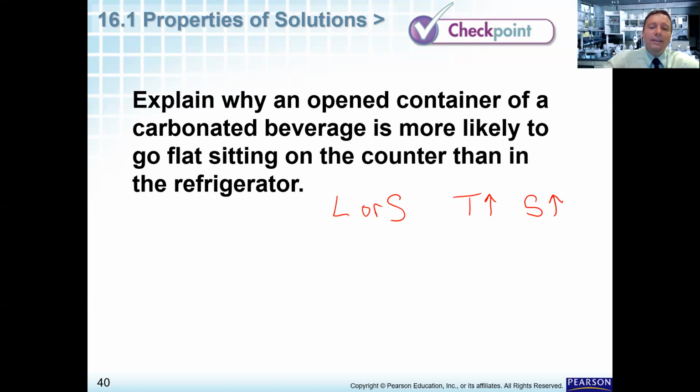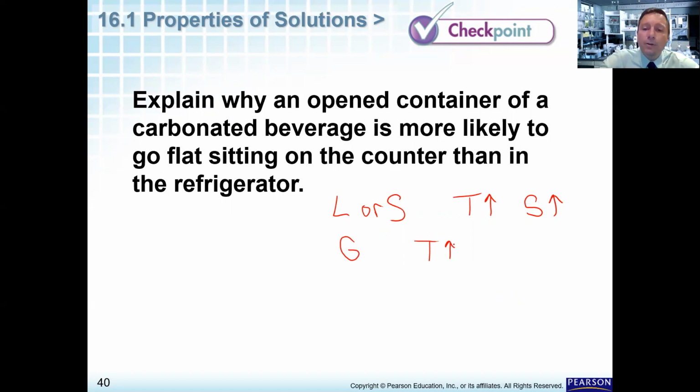But when you deal with a gas, I'm going to put G for gas here, as you increase the temperature, now the molecules are moving faster, which means they're striking the gas particles and allowing them to escape.